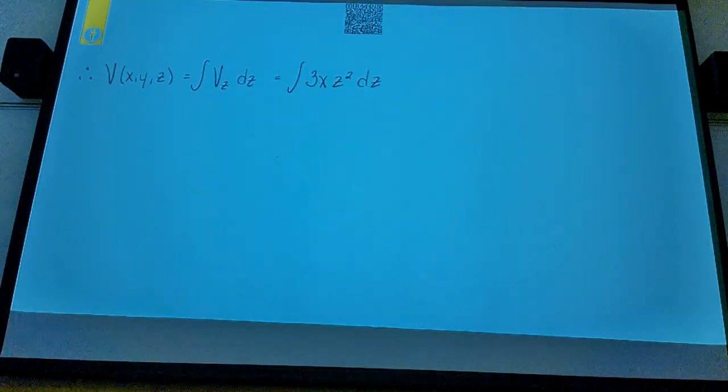Let's find the antiderivative of V sub z with respect to z. x z cubed plus some function of x and y.